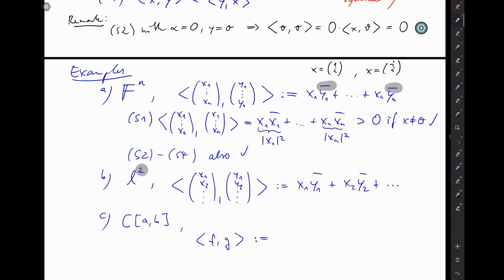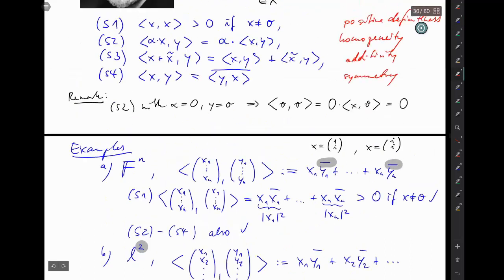But because for these functions over the interval from a to b, there's too much data for a summation sign, so we need an integral sign. So the integral goes from a to b, and we integrate over f of x times g of x, and again put the complex conjugate bar over the second. And also here it's very straightforward to check that the axioms S1 to S4 hold.